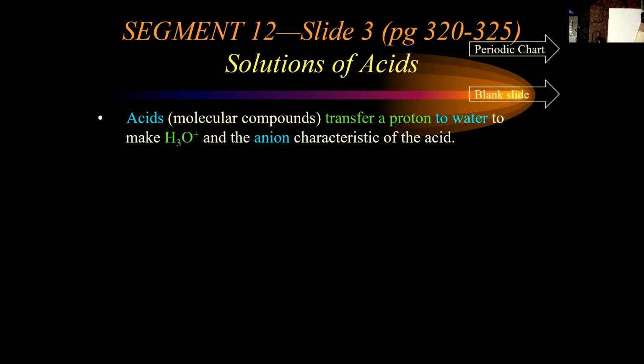Now, acids, I told you a while ago, are formed by taking a proton and putting it into water. If I take HCl and put it into water, for every mole of HCl I put in, I'll make a mole of hydrogen ions that will attach to water and make H3O+. So the acids, HCl is a molecular compound itself, but when I put it into water, it can transfer the proton to the water and dissolve.